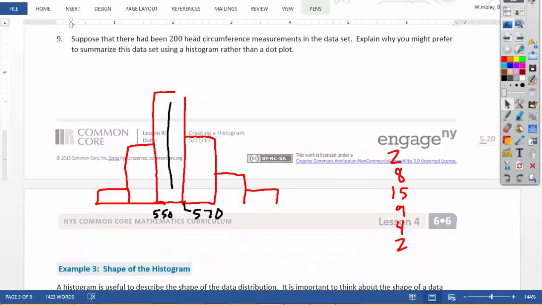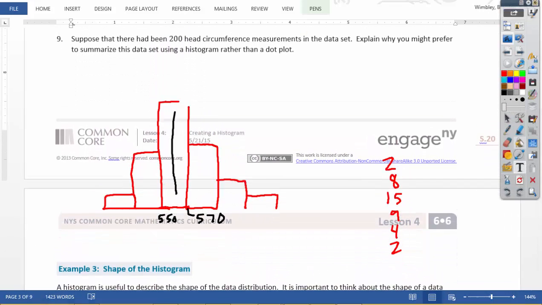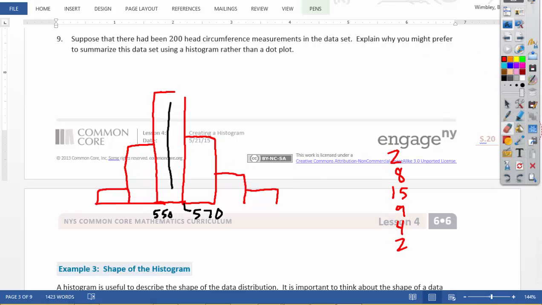Suppose that there had been 200 head circumferences measured. Here I only had 40. What if I had 200? Explain why you might prefer to summarize this data using a histogram instead of a dot plot. So if I have a larger data set, 200 instead of 40, why would a histogram be better?